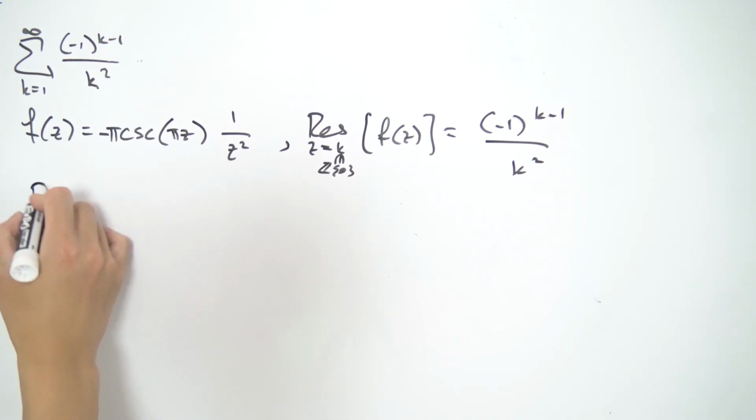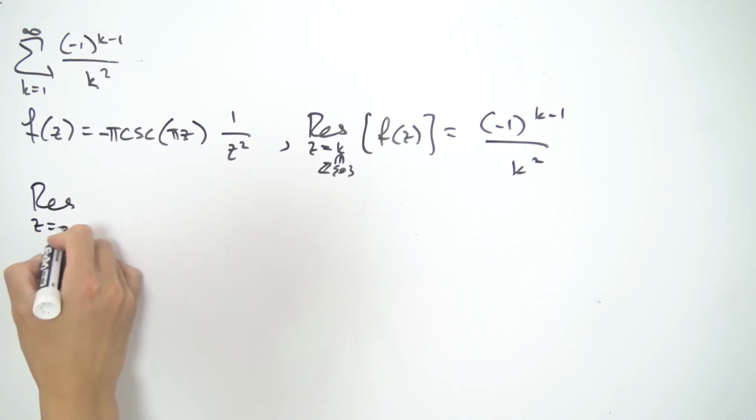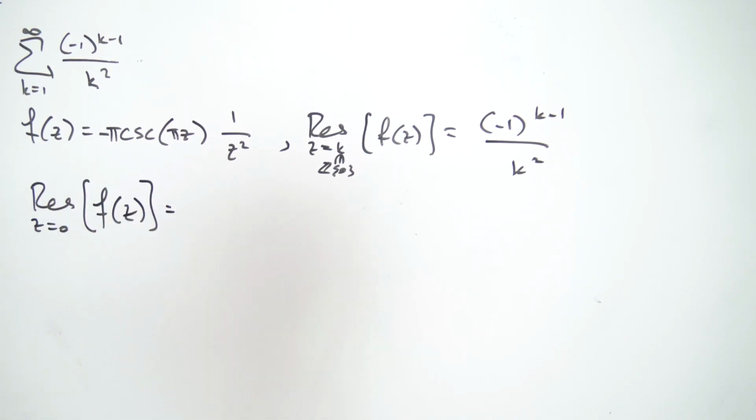So the next step is to calculate the residue at z equals 0 of f of z, and what we have to use is the representation of the limit for higher order poles.